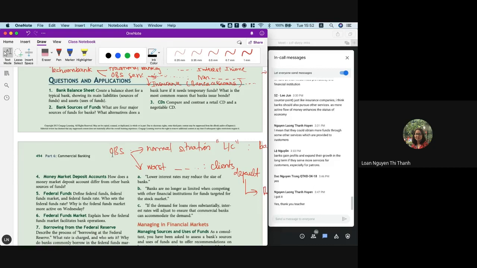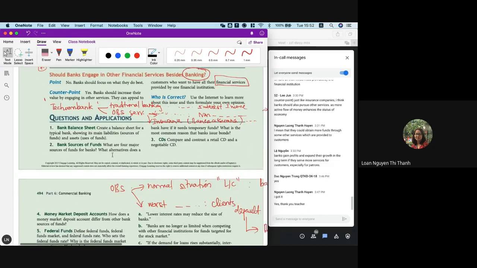You will review the use of funds and the source of funds. So I prefer you to review the bank balance sheet, including the bank's sources of fund and uses of fund. Create a balance sheet for a typical bank showing the main liabilities and assets.